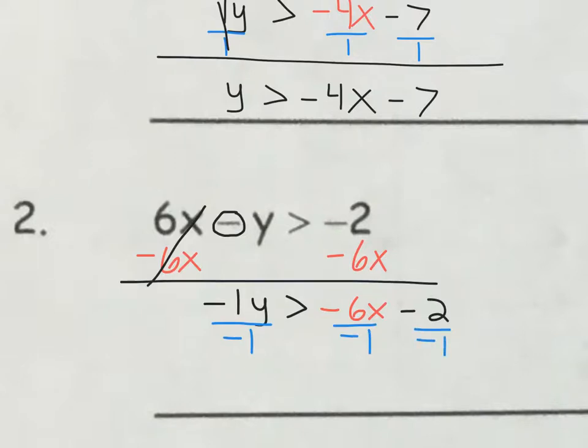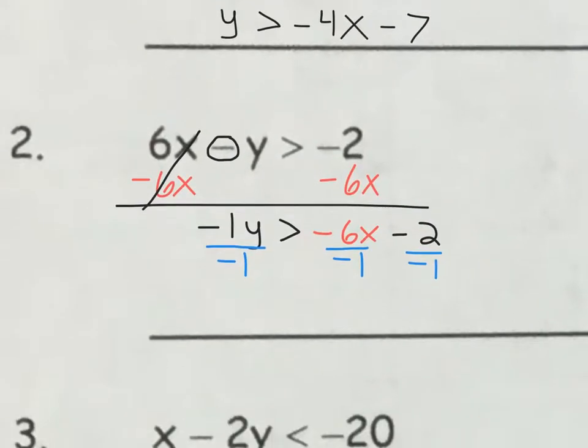Divide by -1. All right, so now we're going to get y by itself, but because we divided by this negative, and it's very important, I want you to circle this negative sign that we're dividing by, and then also circle the sign. That sign is going to flip over. So you see how these signs flipped over there, because we divided by the negative.